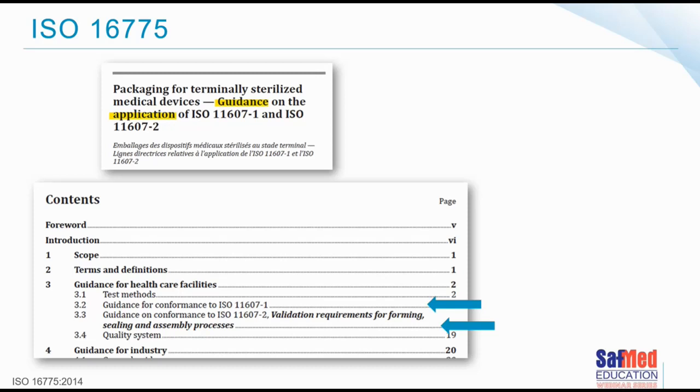Part 4 is guidance for industry, so guidance for the people that are making your suture material and your gloves and your syringes and that packaging. So we obviously are going to focus on the guidance for healthcare facilities on Part 1 and Part 2. Part 2 is about forming and sealing, how we seal our packs, how we form them, how we seal them.